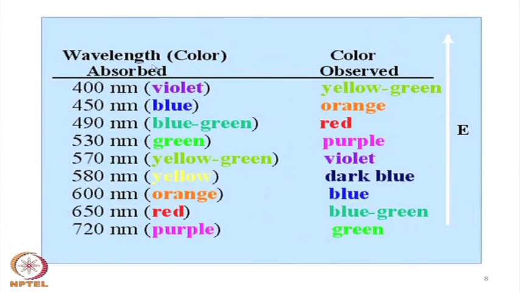So, if we make this entire list basically from the visible part, it has been divided into some parts with the corresponding hybrid coloration. So, violet, blue and indigo are there, and then green, yellow, orange and red, and after that we have put the purple. So, these are the absorbed ranges from 400 to 720 nanometer.